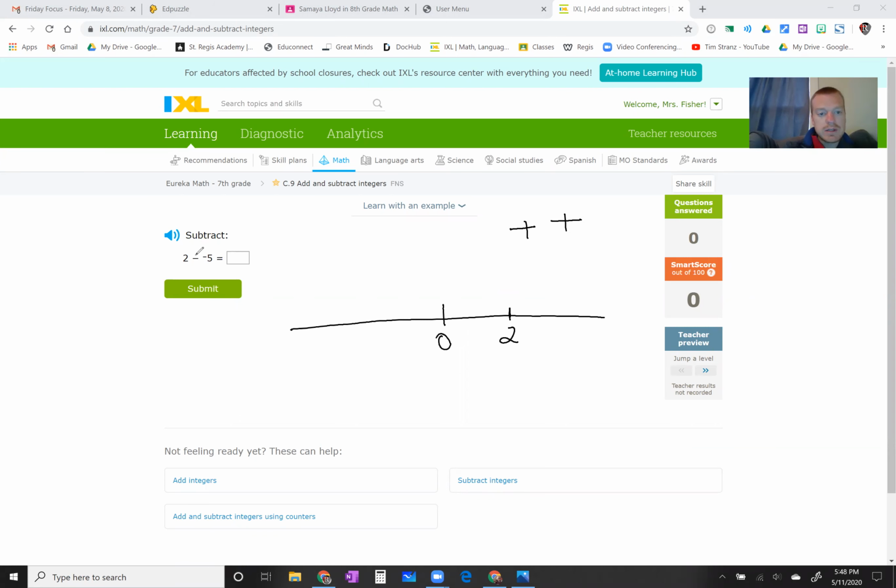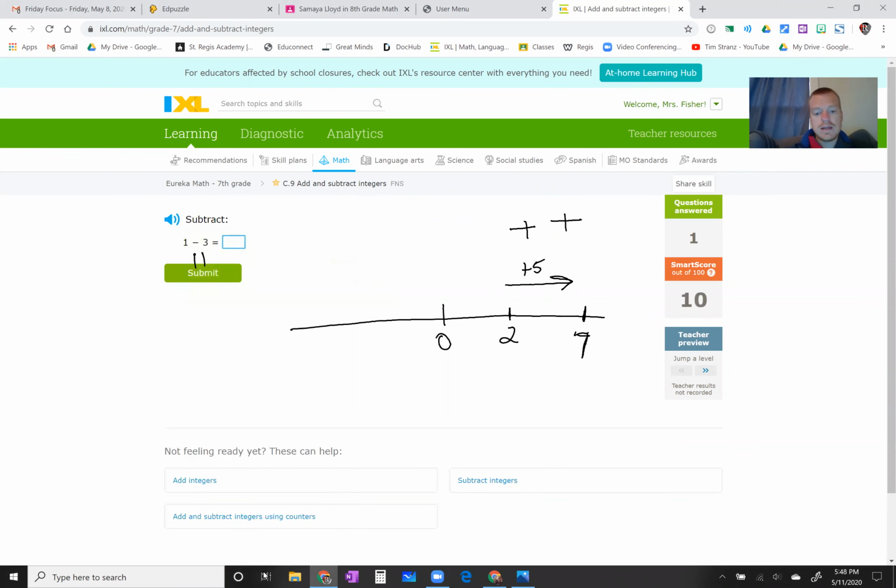So really you're saying 2 plus 5, right? Because if you're subtracting a negative, it means you're really going this way. You're going this way plus 5, which is going to get you to 7, okay? So remember that 2 negatives right next to each other is going to be a positive, so we know that's a 7. Let's look at another one.